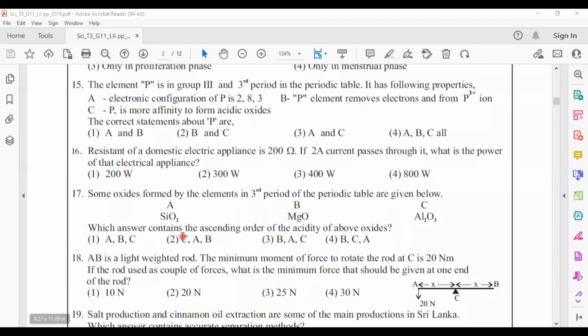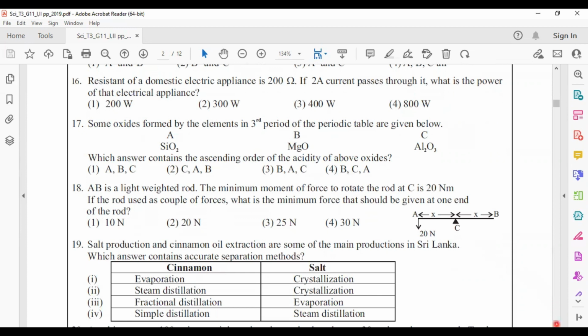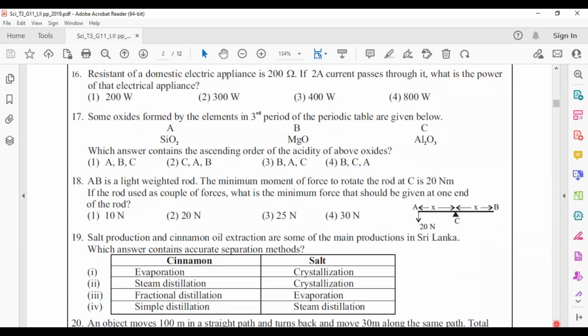Some oxides formed by the elements in third period of the periodic table are given below. Which answer contains the ascending order of acidity of above oxides? From these, magnesium oxide is a basic one, so acidity is very low. So B should be the first one, and ascending order of acidity means this one should be the first because its acidity is very low and it is the smallest acidity.